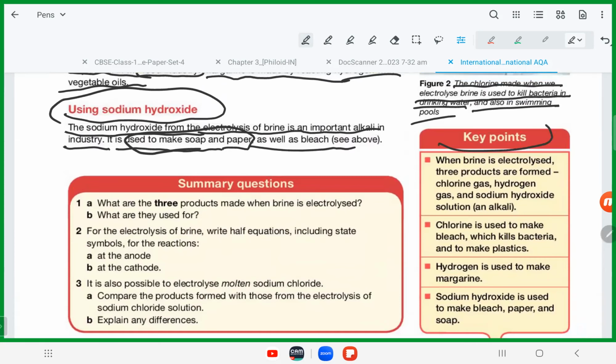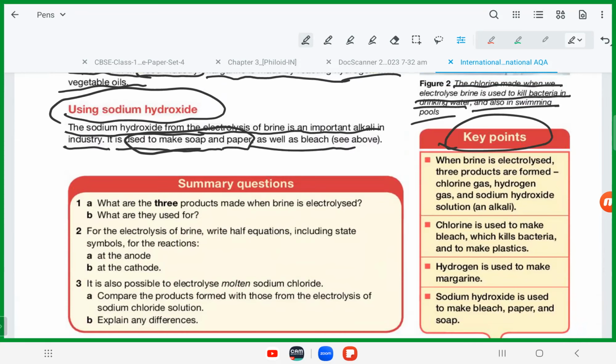Here, please read the key point, then we will go back to the questions. When brine is electrolyzed, three products are formed: chlorine gas, hydrogen gas, and sodium hydroxide solution, which is alkaline.